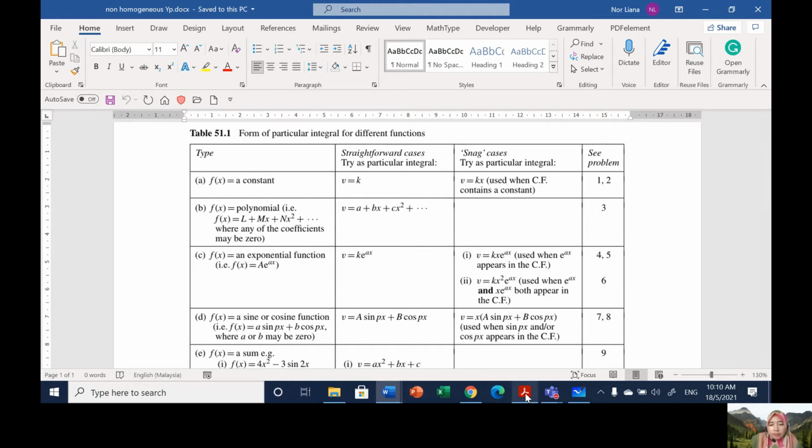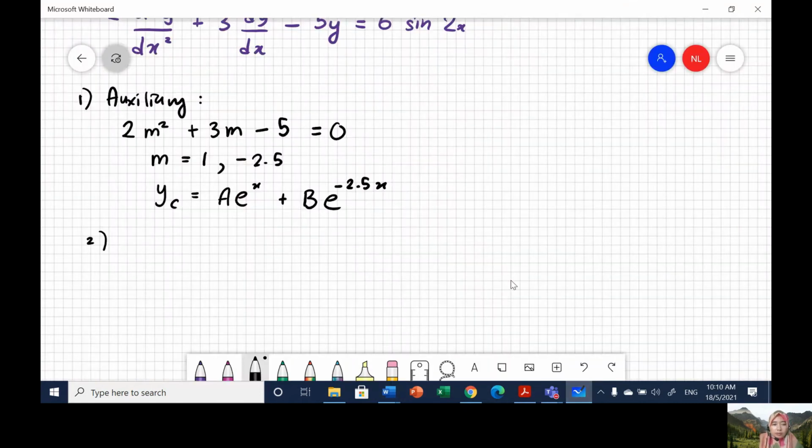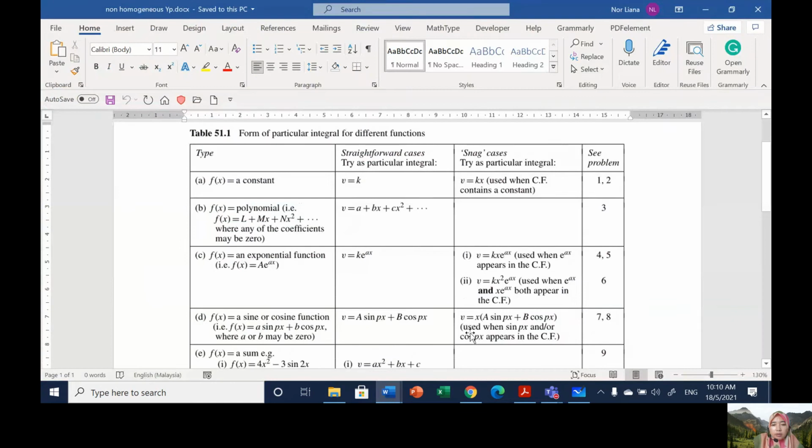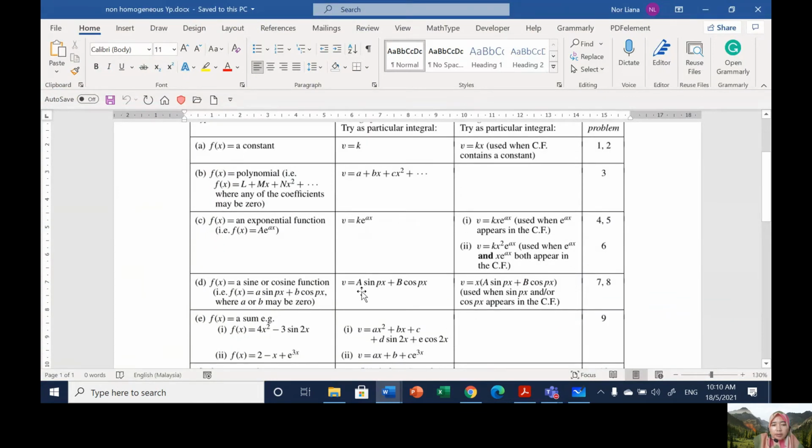So we are going to write it down. Our yp will be A sine px plus B cos px, where p is a constant. Maybe we have sine 3x, sine 2x, sine 4x, depending on our original equation.